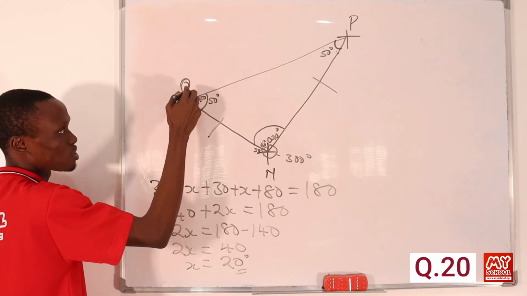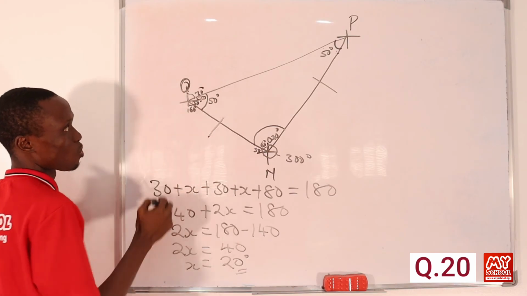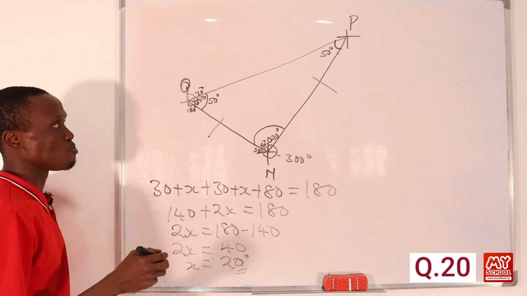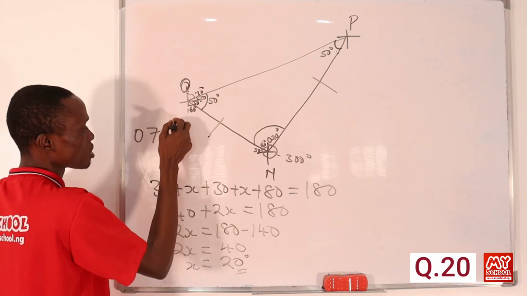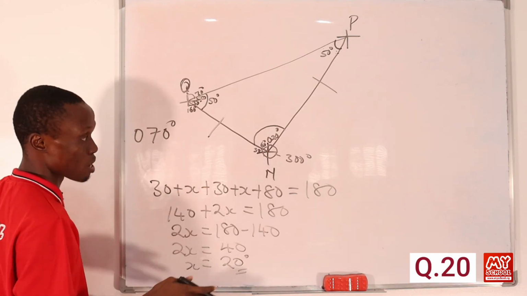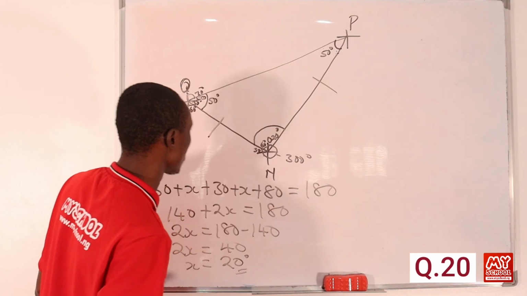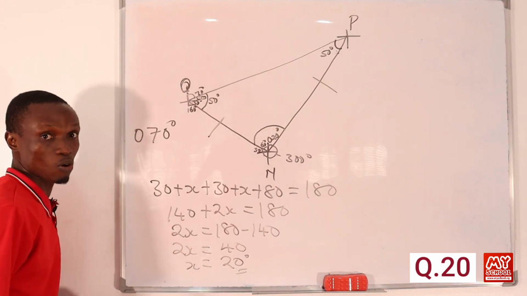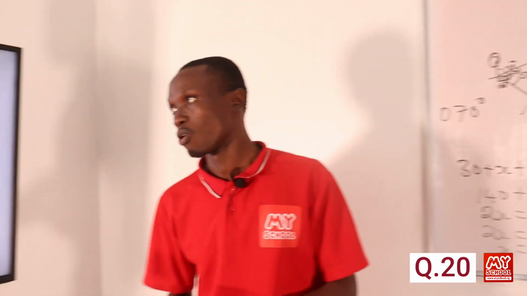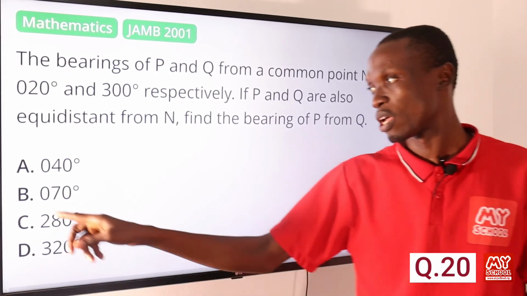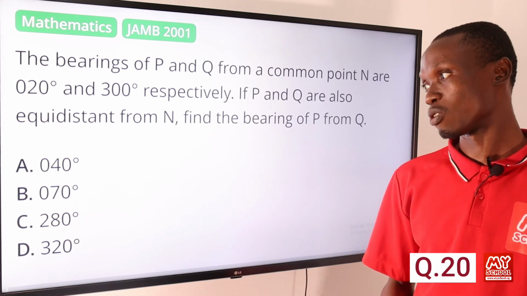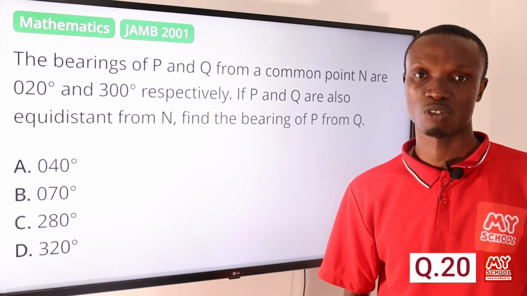That means what is left is 70 degrees. So the bearing of P from Q is equal to 070 degrees, since we are using 3-digit bearing. Okay, so let's return to the screen to pick the correct answer to this question. From our calculation, the bearing of P from Q is equal to 070 degrees, which makes option B the correct answer to this question.